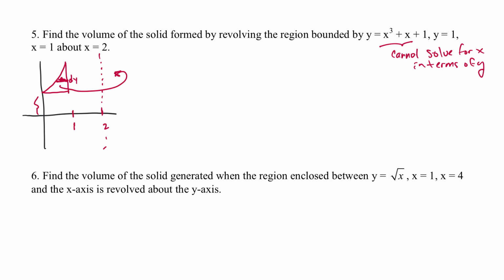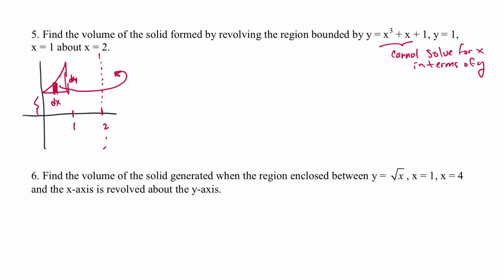And since we cannot do that, I'm going to take my slices in the other direction, and so I want these slices to be, instead of dy, dx, just like that. So, parallel to my line of rotation.